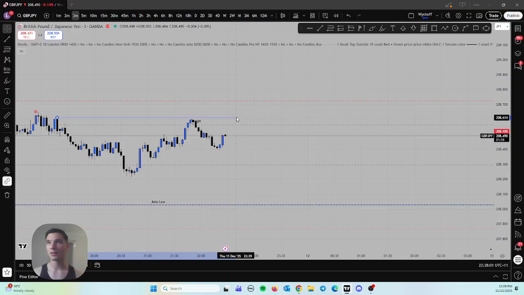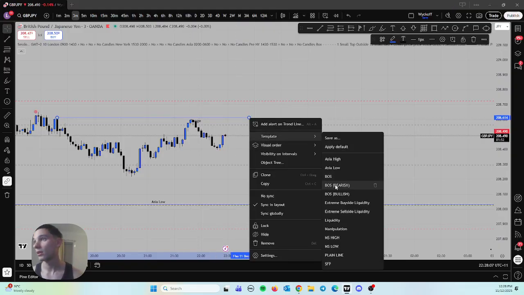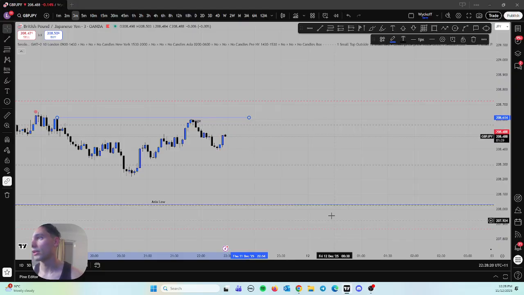Interestingly enough, though, I would have liked for it to have swept it there. Otherwise, you make another distribution level. That's extreme liquidity.